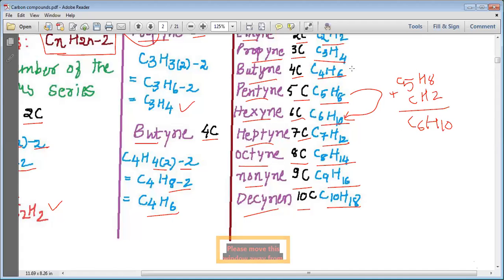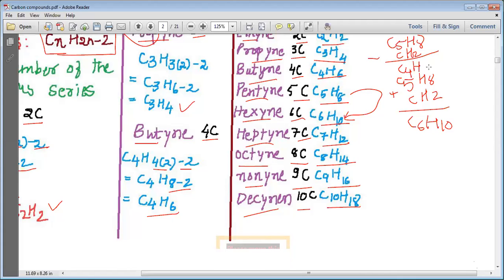Even if you take C5H8 and you simply minus CH2, in that case what happens? 8 minus 2, H becomes 6, and C5 minus 1, that is C4.